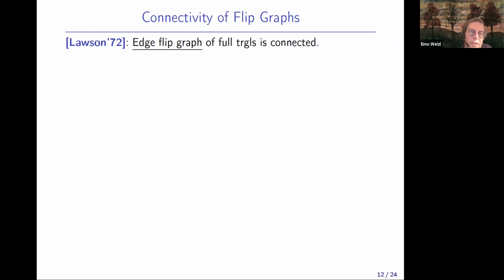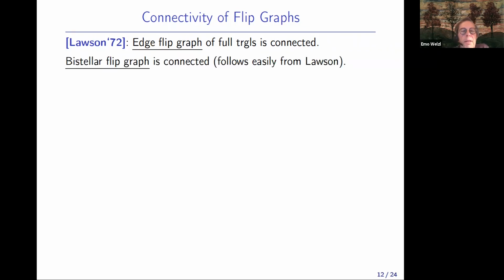And that later also led to the Lawson algorithm for computing the Delaunay triangulation, for those who are familiar with this notion. The Delaunay triangulation, by the way, is a very specific regular triangulation. And if you know the Lawson algorithm for computing the Delaunay triangulation, then of course this is also a proof that this graph of full triangulations is connected.